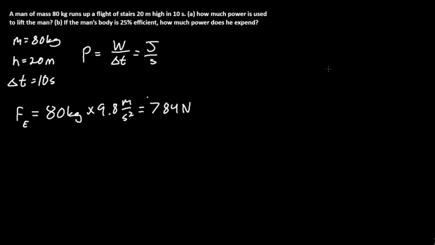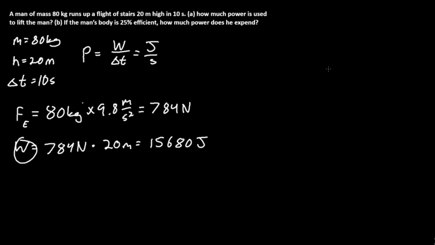But now that you have your force and you also have your change in height, you can find the work. By multiplying your force by the change in height, you get a work of 15,680 joules.